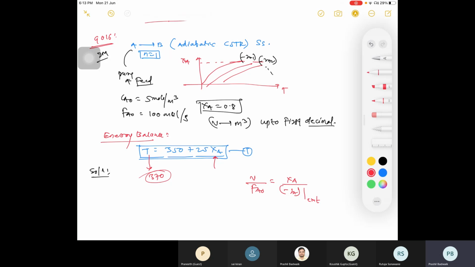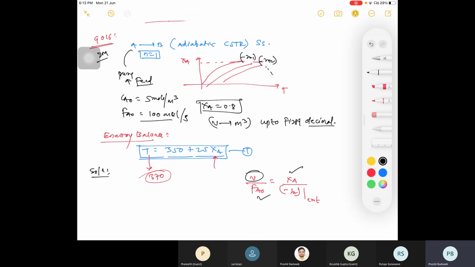Now what do you need to find? Volume, right? You know Xa, you know Fa naught. What you need to calculate is minus Ra. Is there anything given to calculate minus Ra? Graph. Right, you have the graph.